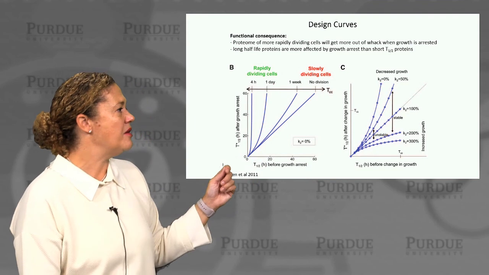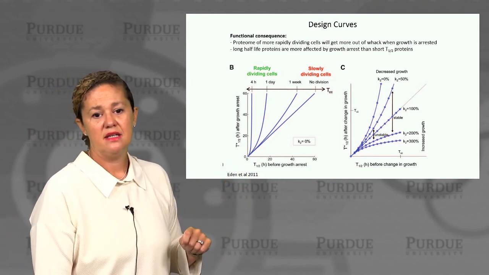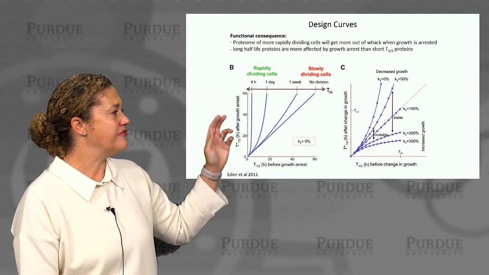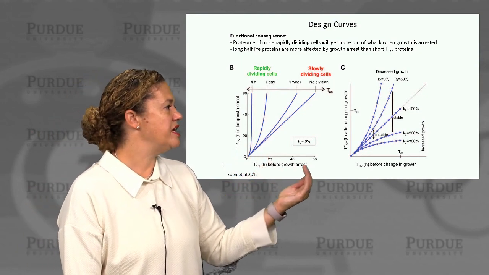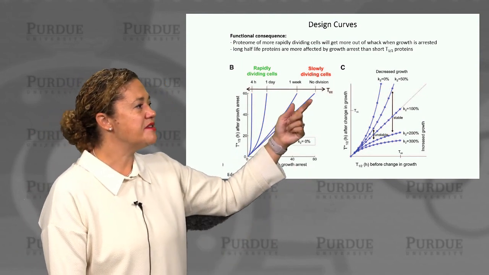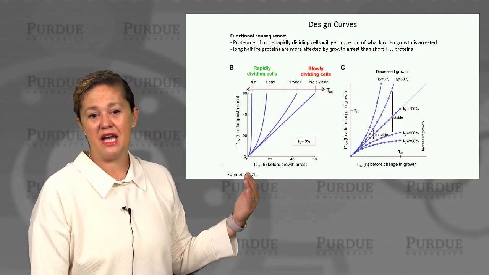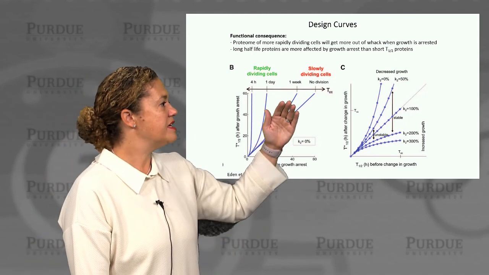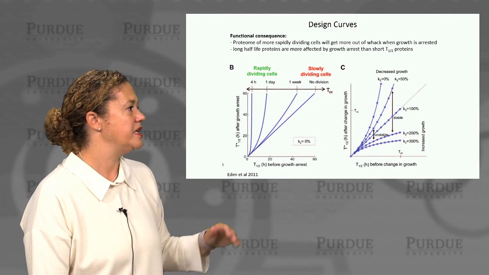And we look now at how these curves would change if you were to totally arrest division with a drug, and plot again the predicted half-life with the drug or treatment compared to the initial. For cells that have no division, obviously if we arrest their growth, that's going to have no effect, because they're already not dividing. And so this remains a 1-to-1 correlation. There's no change in the half-life of the protein.